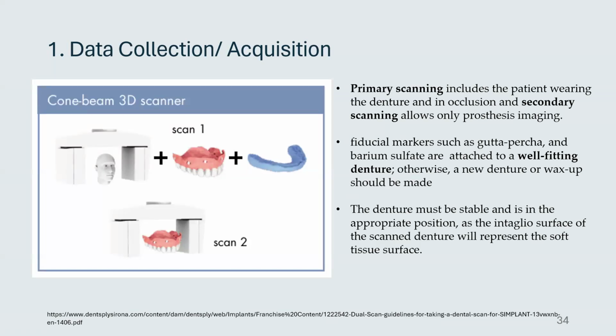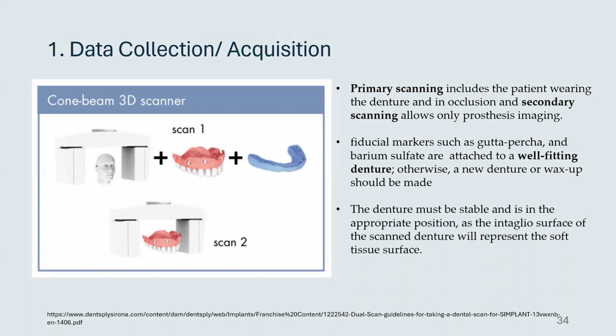The dual scan procedure, or double scan procedure, is the primary approach for edentulous patients. First, we make sure the prosthesis is radiolucent. It must be radiolucent, and it must be well fitted. Then we make the fiducial markers, or radiographic markers, which can be gutta-percha or any radiopaque material.